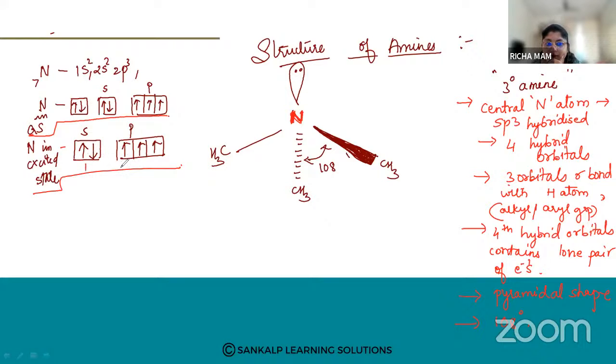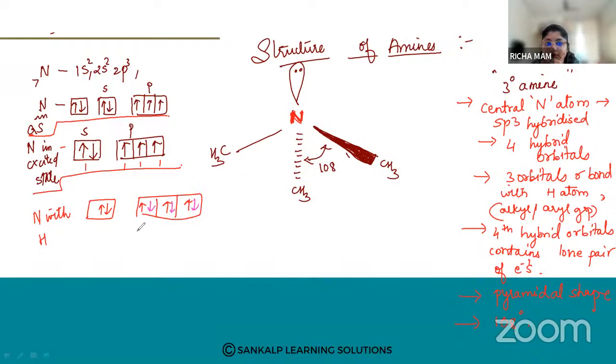One, two, three, and four. Four hybrid orbitals are there. Out of these four orbitals, nitrogen combines with hydrogens. Let me show you this also. One, two, three hydrogens.